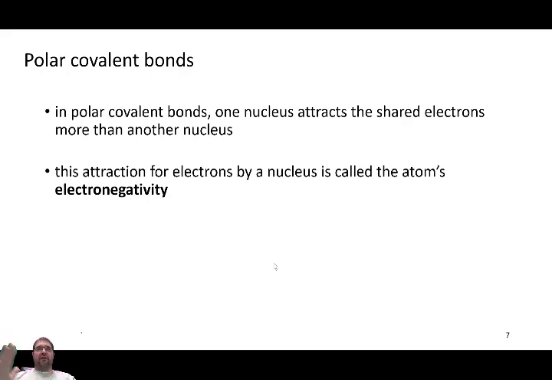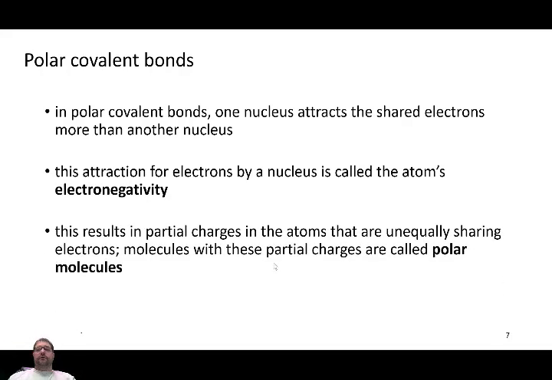So the hydrogen atoms are basically losing the electrons to oxygen. Now it's not complete. It's not like an ionic bond where the electron is removed and goes to the electron shell of another atom. It's just pulling it closer. So this is how you get a different charge on one side of the molecule compared to the other side of the molecule. So that unequal sharing results in polar molecules.